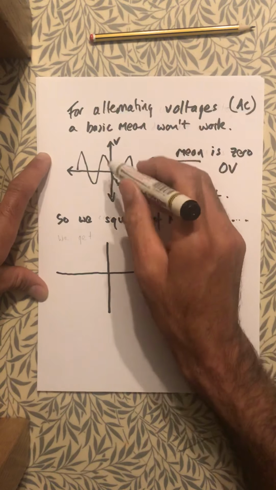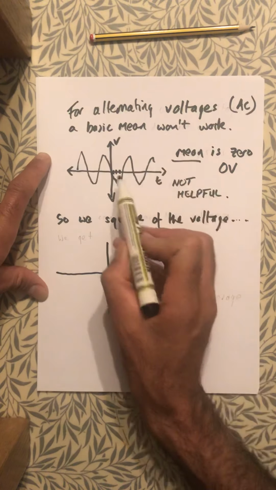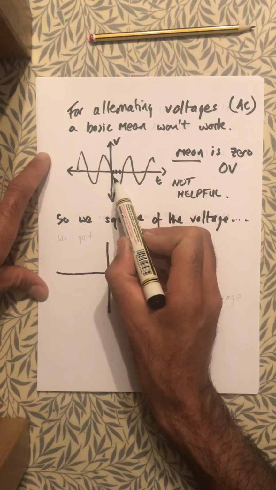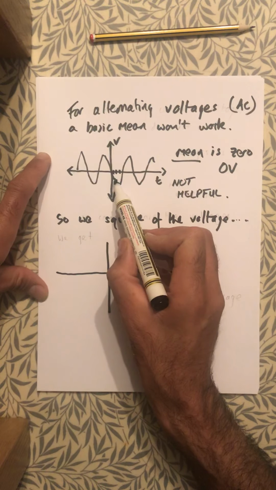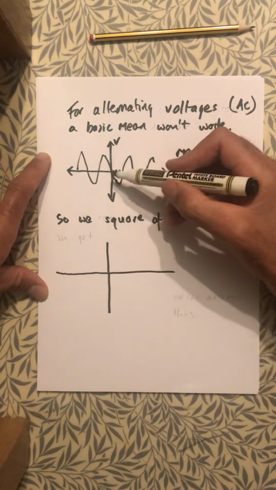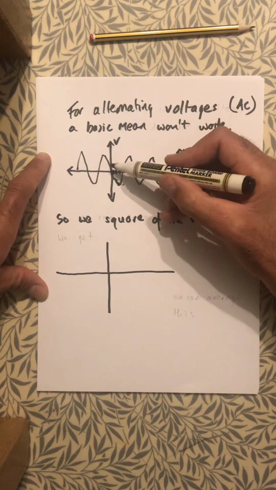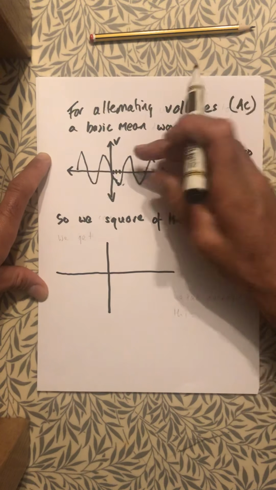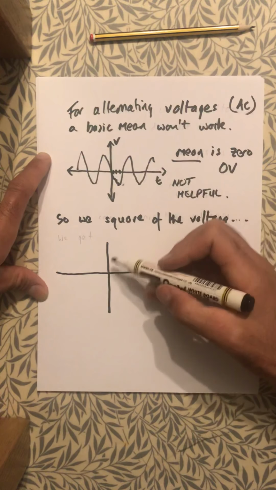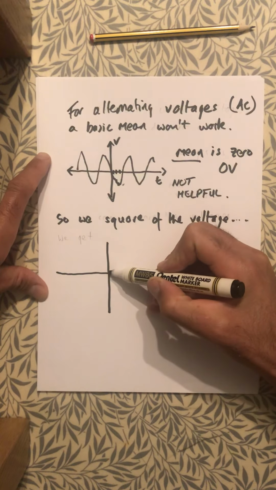So let's say, for example, at this point, however many thousandths of a second in, I've got a voltage of -2. Now when I square -2, I get -2 times -2 is +4. So the squaring makes the crest steeper and the troughs become positive.